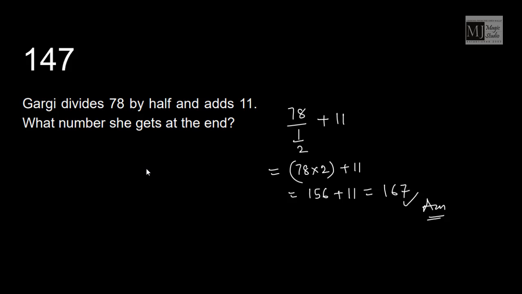It is very easy for you to get the wrong answer, because many a times I have seen people just multiplying it by half, so 78 by 2 becomes 39 and plus 11 becomes 50. And believe me, you will get one option where 50 would be there.